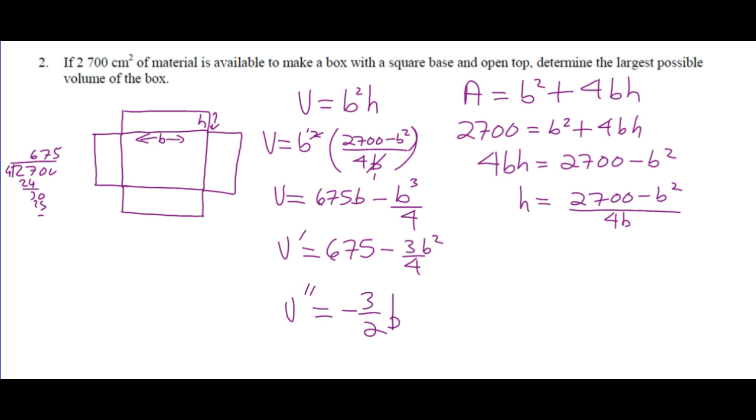So from this statement, we know b has to be greater than 0, so negative 3 halves b will be less than 0, which leads to concave down, which leads to a maximum. All right, cool, right? It saves some work, because we know it's going to have a maximum when we figure out the volume.